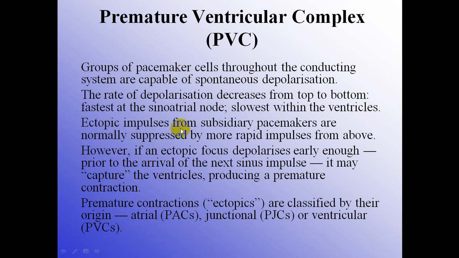Ectopic impulses from subsidiary pacemakers are normally suppressed by the more rapid impulses from the SA node above. However, if an ectopic focus depolarizes early enough, prior to the arrival of the next sinus impulse, and if it is strong enough and early enough, it may capture the ventricle, producing a premature contraction.